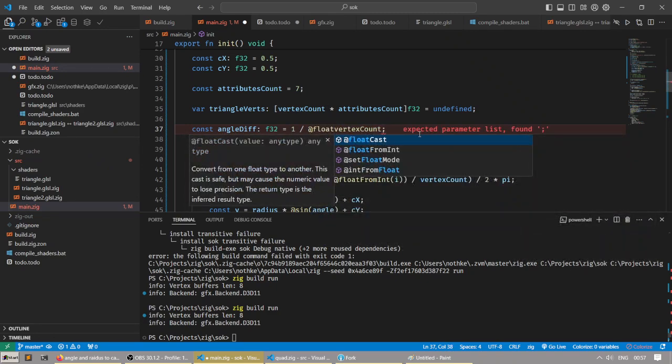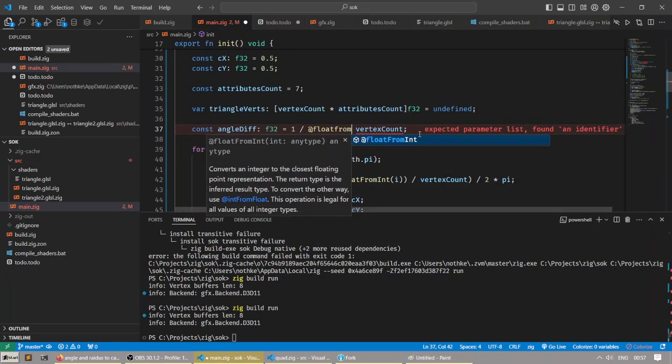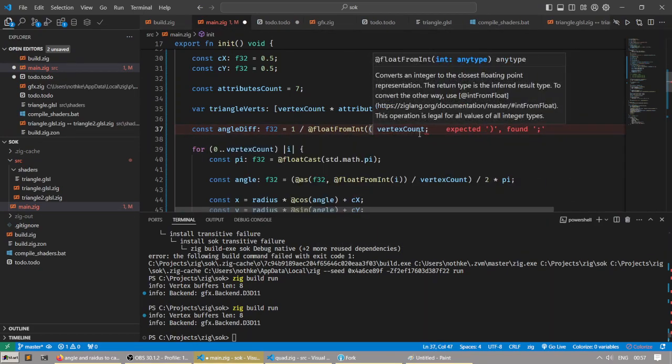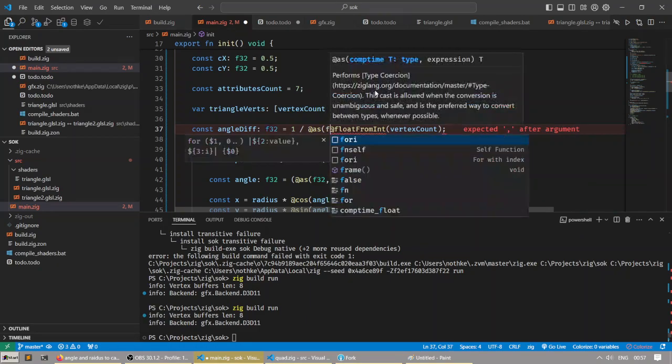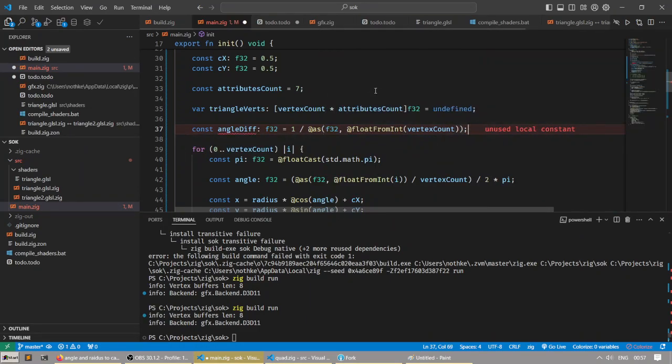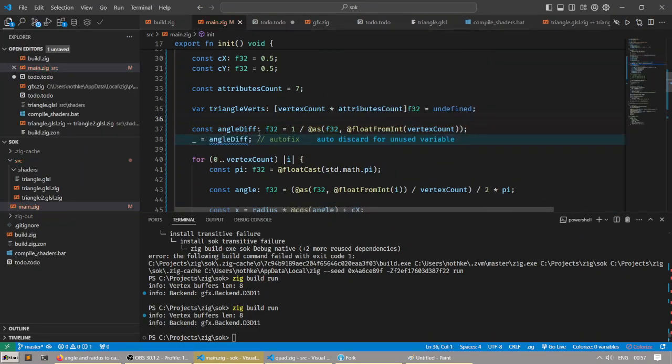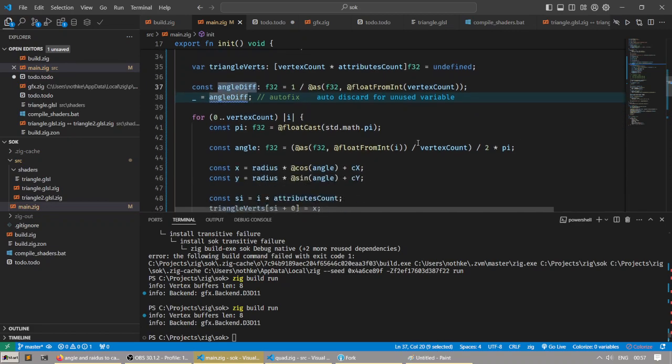Can I do a float from int like this? I wonder if this is going to work. Nope, because it can't infer the type. Okay, auto discard, yes. Angle diff. So instead what I'm gonna do is multiply this with an angle diff, and hopefully that will work.